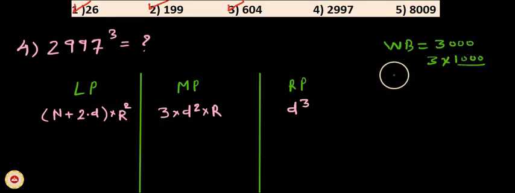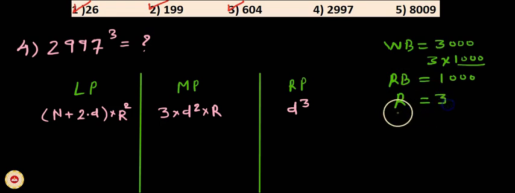So this 1000 is real base. What is ratio? Ratio is working base to real base. That means 3000 to 1000. That means ratio is 3 here. This is the ratio. What is deviation? -3. So this -3 is deviation for a given number.